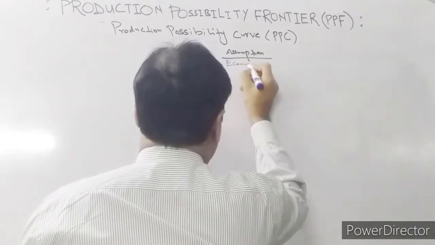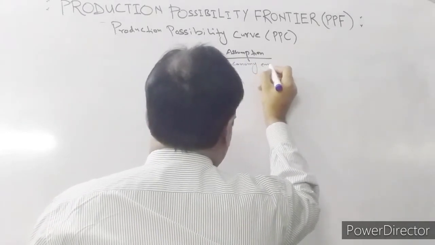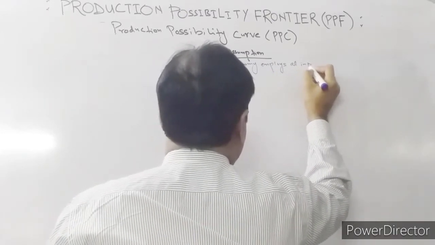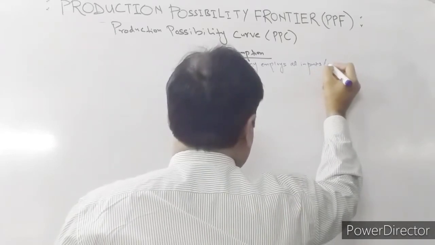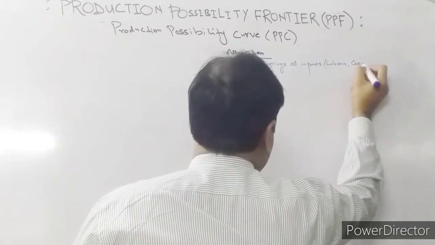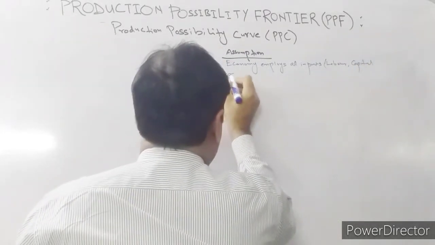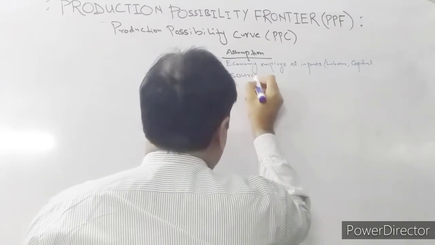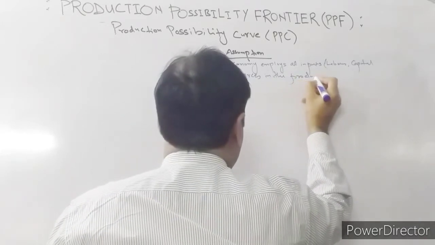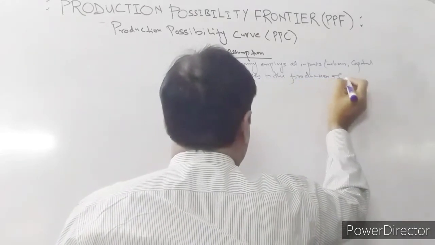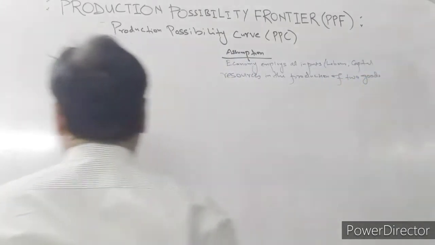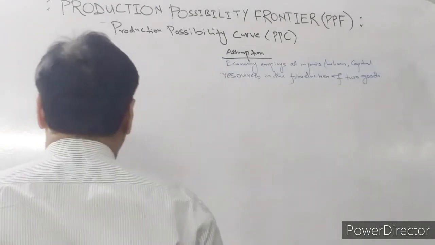that the economy employs all inputs, including labor, capital, resources, in the production of two goods, that are capital and consumer goods.